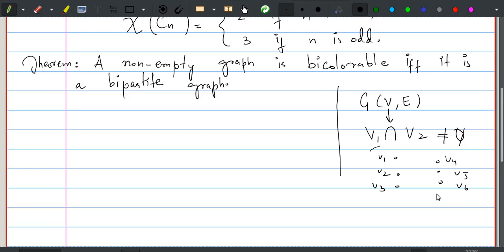And any edge of G has one of its end vertices in V1 and another vertex in V2. So let us suppose our graph is like this. One can note here this set V1 is independent and this set V2 is also independent.